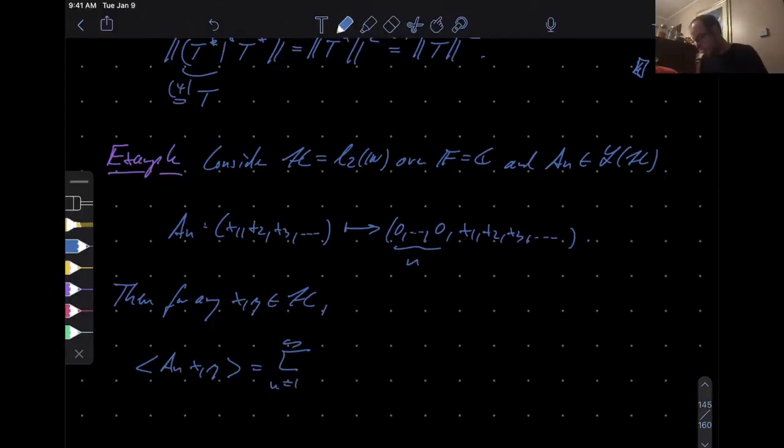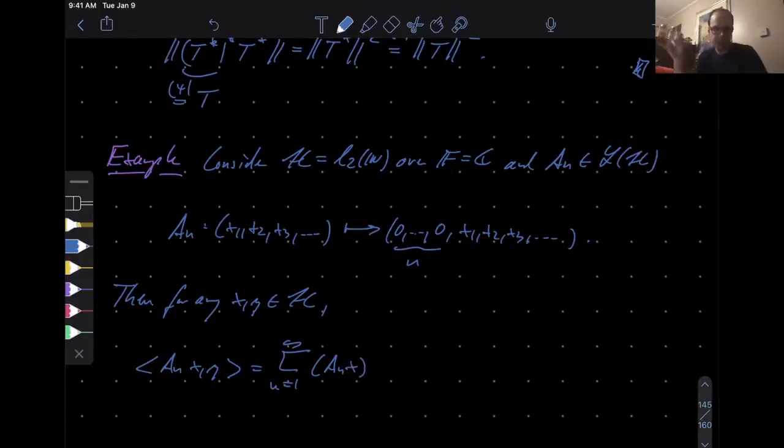Now here we have to use the definition of the inner product on L2. This is very much like the dot product on the n-fold copy of the complex plane, but the sum goes all the way to infinity. So we have the kth entry of S_n acting on x, and then y_k bar. But S_n x at k, you can read off from up here what it is.